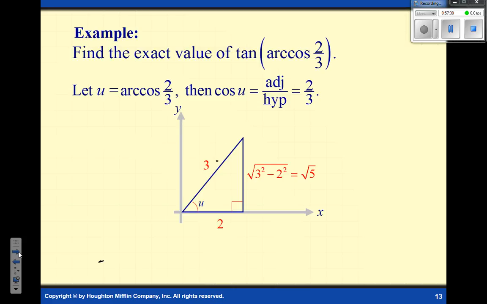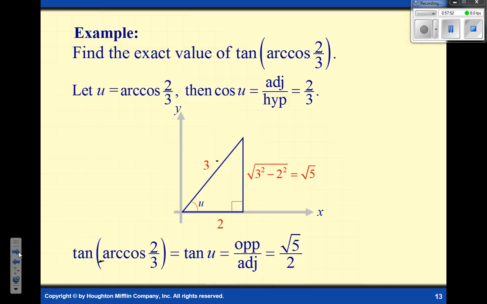Here's the angle. The angle always comes from the origin. That is the Greek letter mu. What's the tangent ratio? Opposite over adjacent. Root 5 over 2. That's your answer to this question.